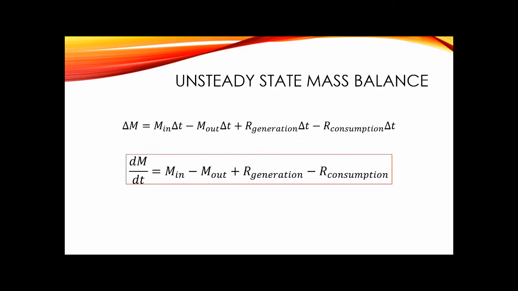We can express this another way, as a change in the accumulation of mass over time: dM over dT is equal to mass in minus mass out, plus our generation minus our consumption.